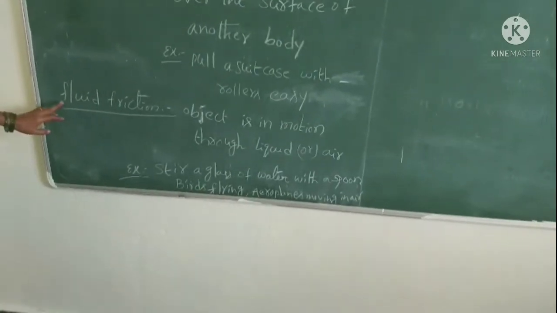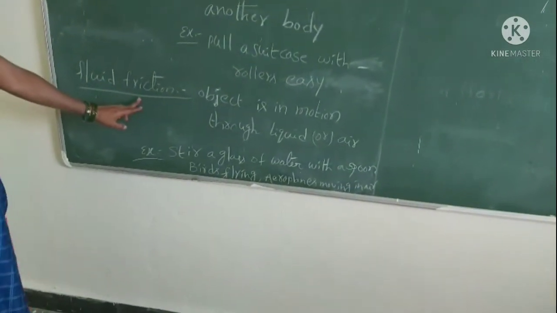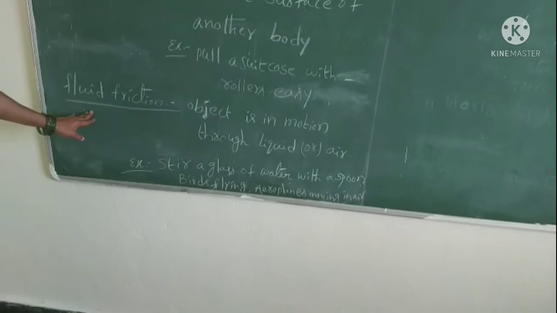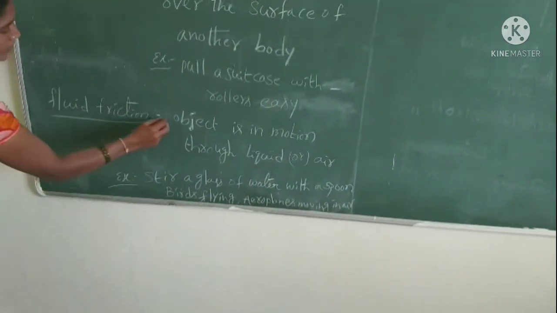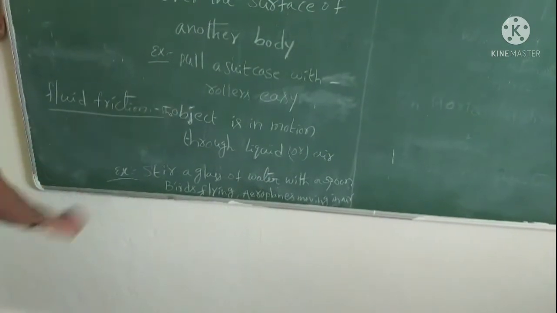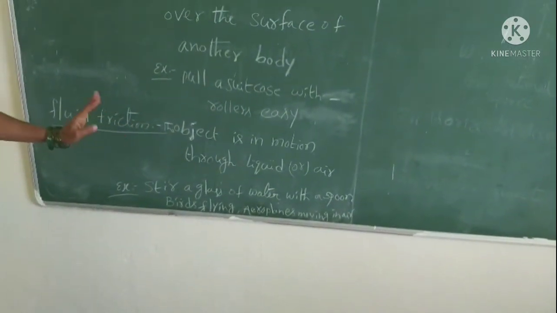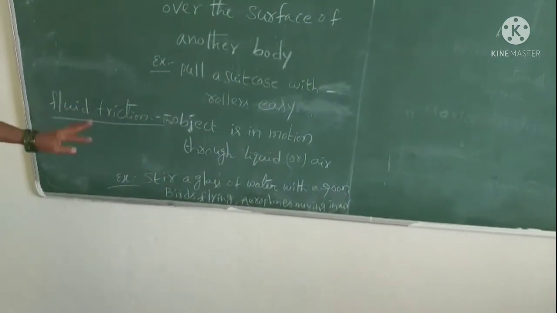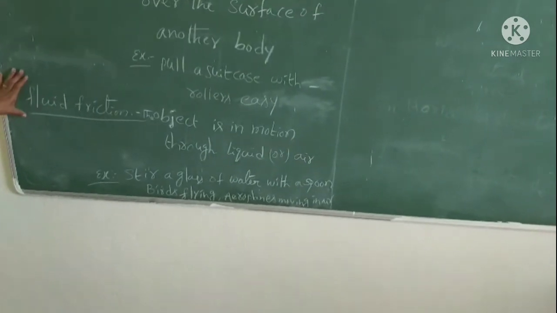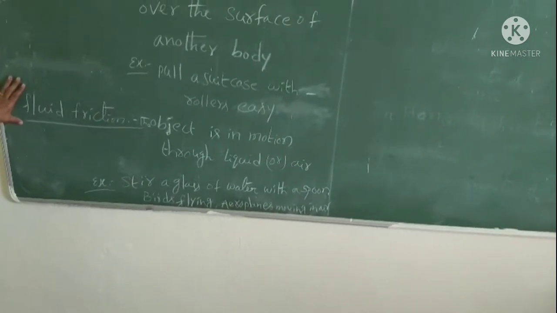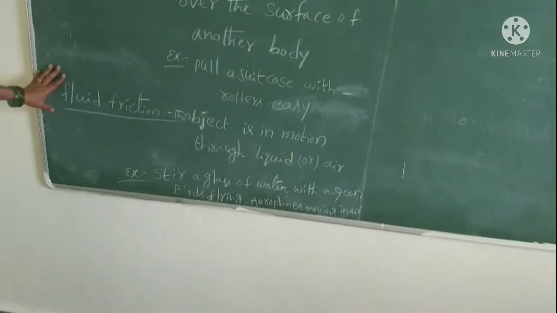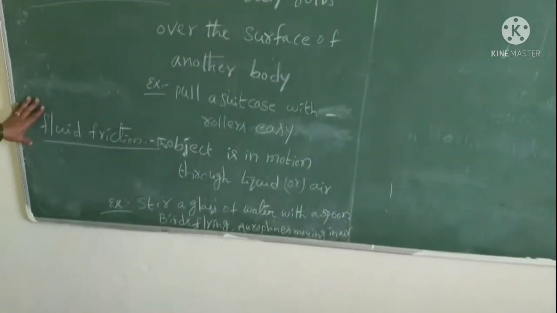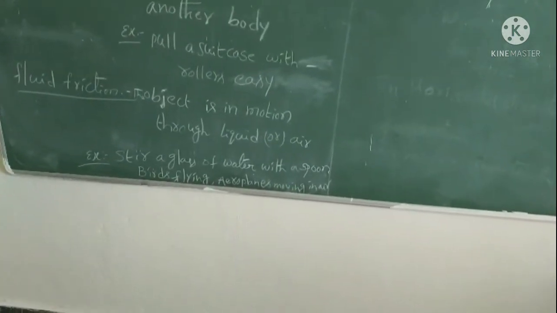Next, another friction is fluid friction. Fluid friction occurs when an object is in motion through liquid or air. Examples: stirring a glass of water with a spoon, birds flying in the sky, aeroplanes moving in air.